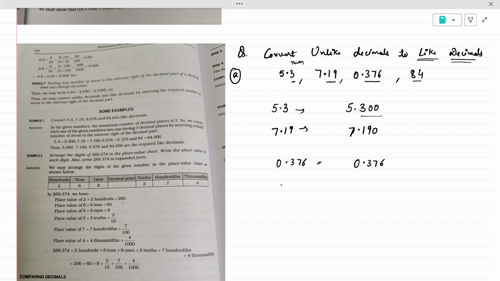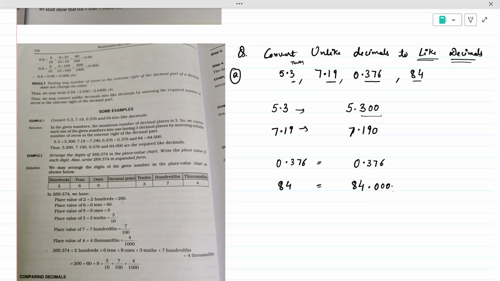The last one we have is 84. This is a whole number, and we know that to convert it into a decimal, we put a decimal point here and then 3 zeros. So we have converted all the unlike decimals to like decimals.